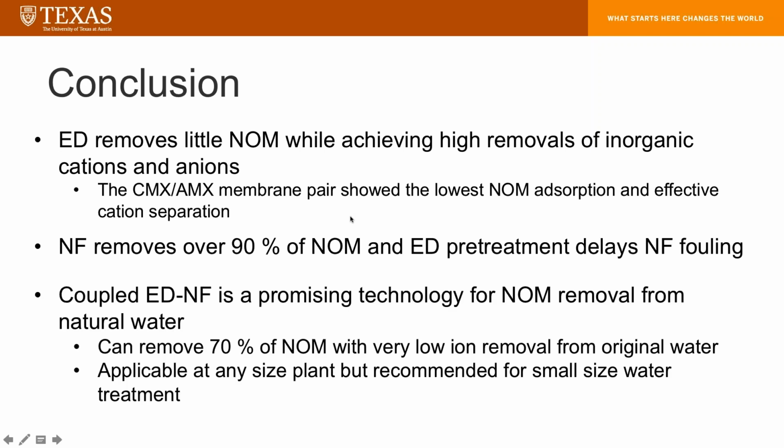So we can conclude that coupled ED and NF is a promising technology for NOM removal from natural water, and we can remove 70% of the ions from the original water. This coupled ED-NF is applicable at any size of plant, but recommended for small-size water treatment.